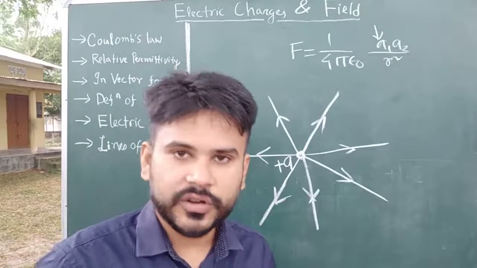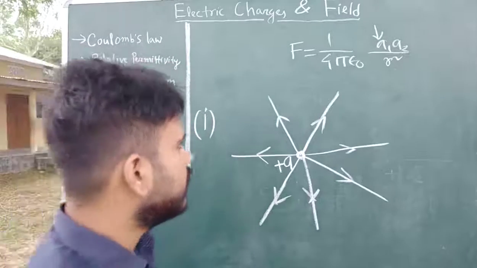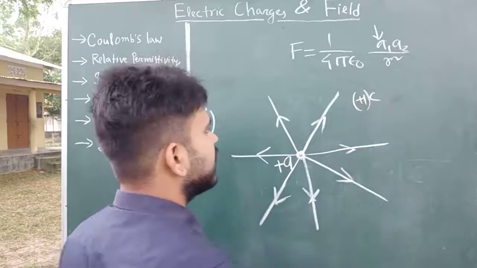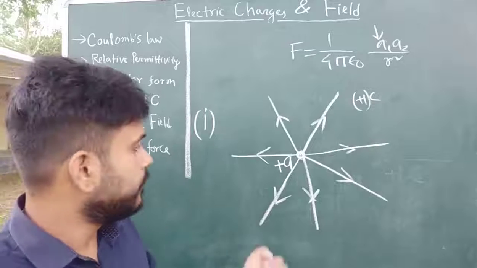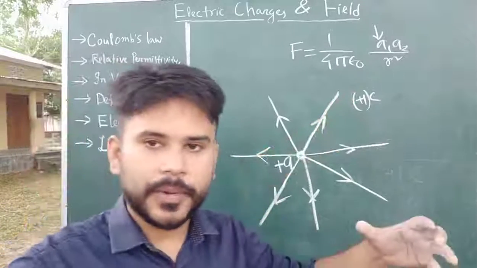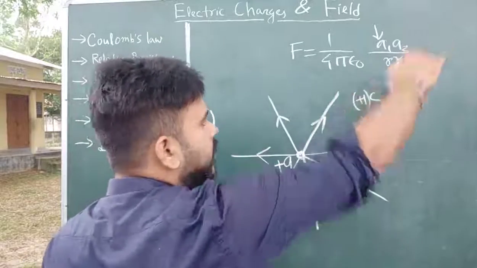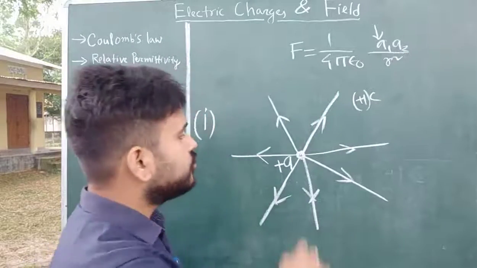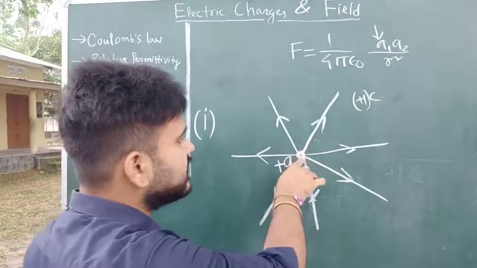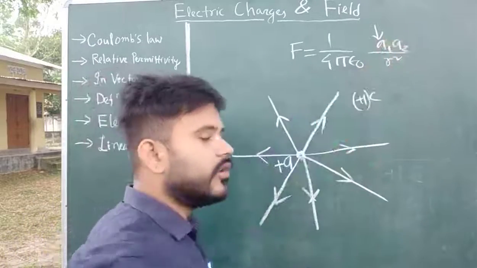That is the definition of electric field. So if we imagine a plus 1 coulomb charge here, then what will happen? Plus Q charge will repel the plus 1 coulomb charge. So the direction of the electric field or the lines of force is radially outward.